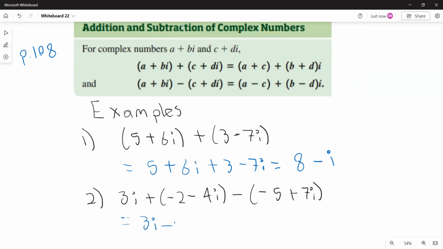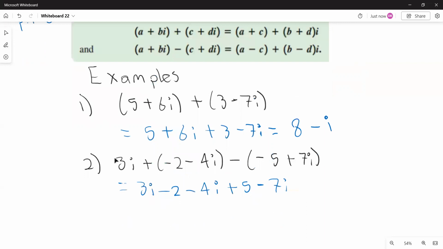That's 3i minus 2 minus 4i, and then plus 5 and distribute the minus 7i. And then combine like terms. So the real numbers are negative 2 and 5. Negative 2 plus 5 is 3. And 3i minus 4i is minus i. Minus i minus 7i is going to be minus 8i. So this is just basic algebra.